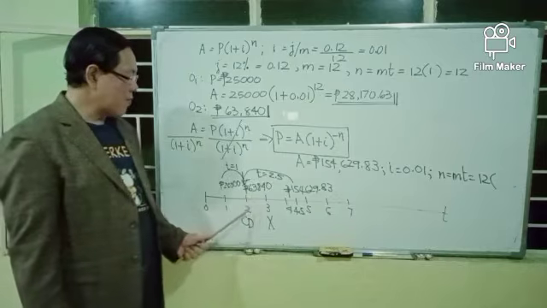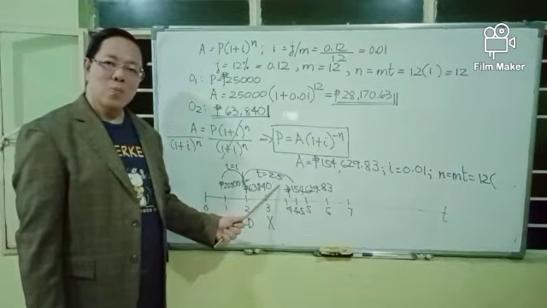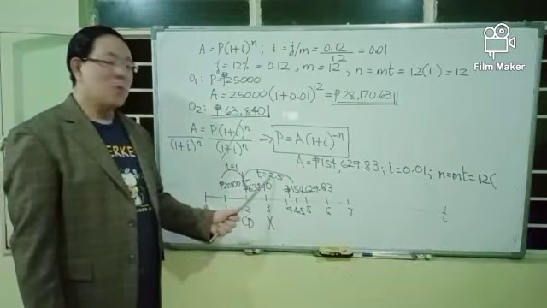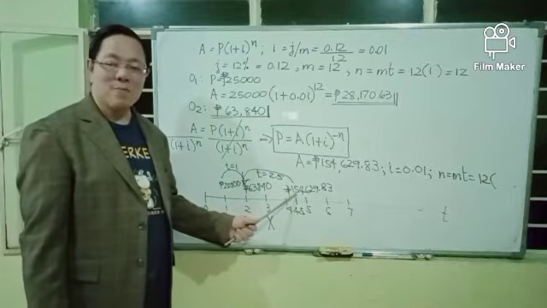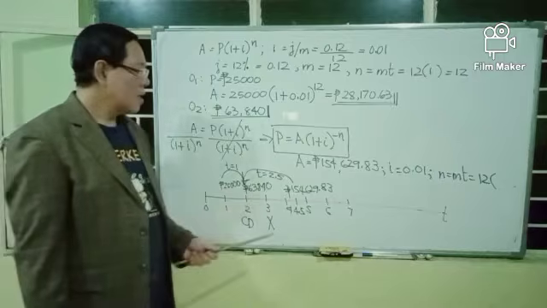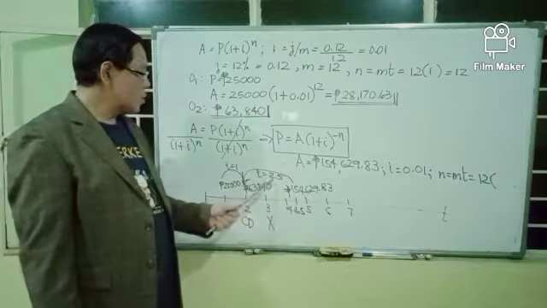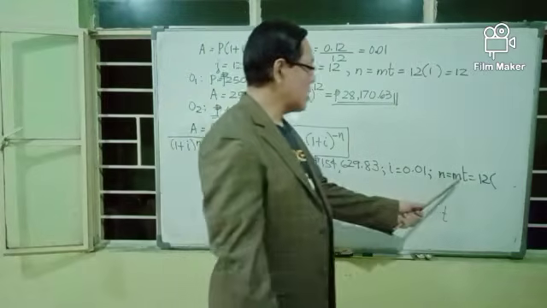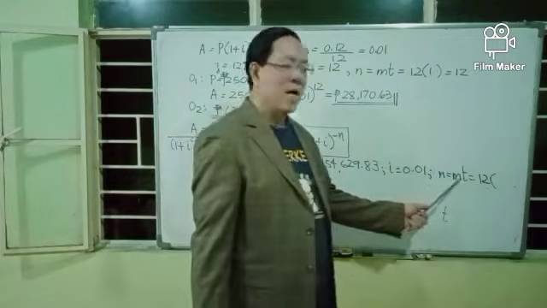That is, the time from 2 to 4.5 years is 2.5 years. 2.5 is equal to 4.5 minus 2. So we will discount this maturity value of the third obligation for 2.5 years. That is, we will find the value of this amount 2.5 years earlier. And we take n equals 2.5 multiplied by m, 12.